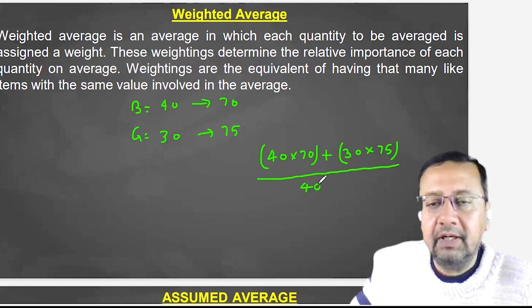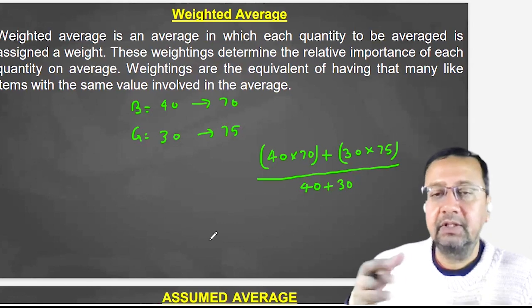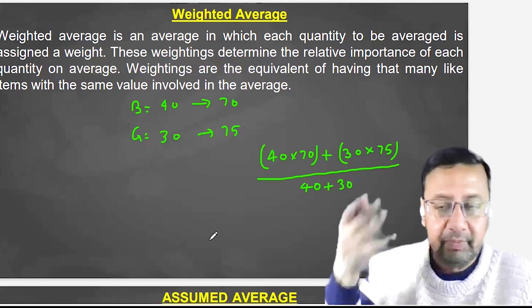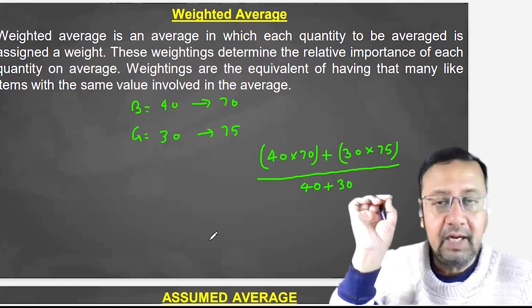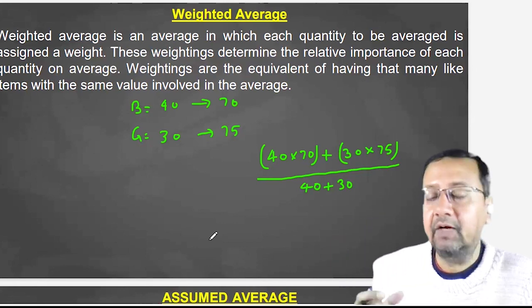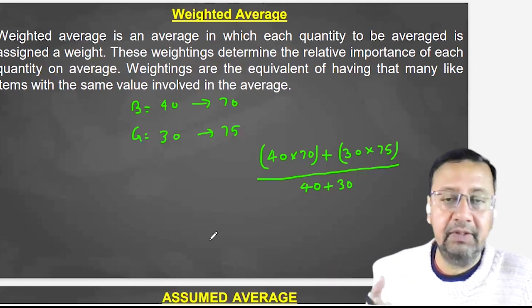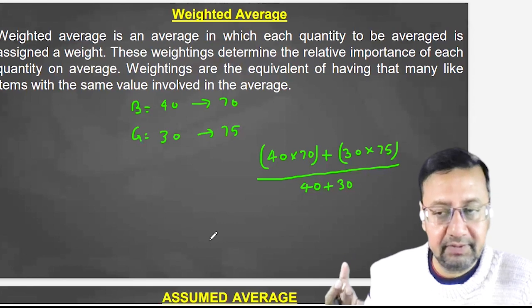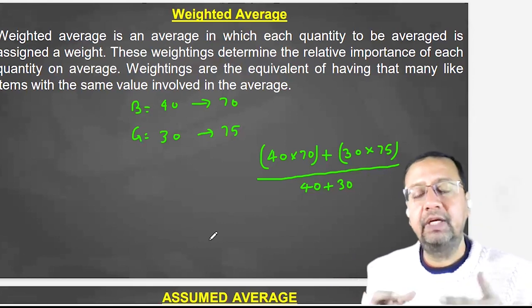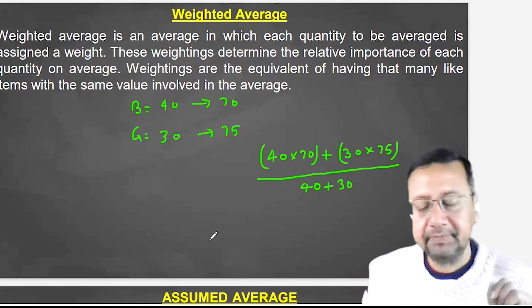This is 40 number of boys, 30 number of girls, and this is the total, right? So this is the weighted average. For the 70 marks, I have given a weight of 40, that is, there are total 40 boys. And for 75 marks, I have given a weight of 30 because there are total 30 girls, right? We are giving some importance to some number, right?